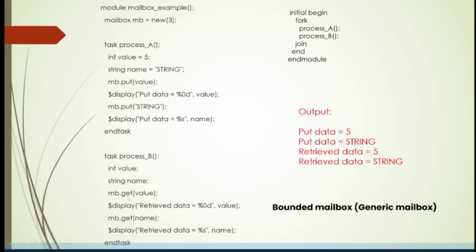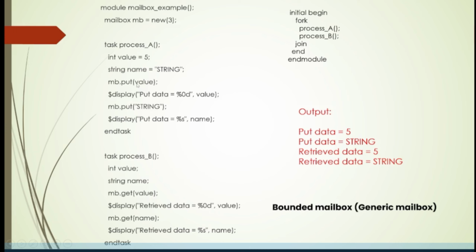So what I am doing is mb dot get value, so I'm getting the value here, I'm getting the name here. I'm getting value and string, so I'm getting those two things here.